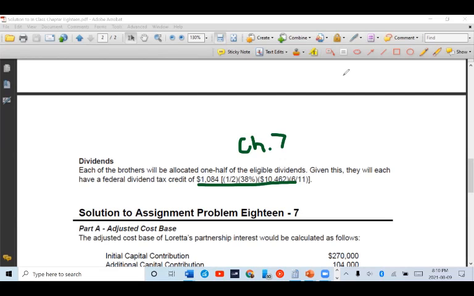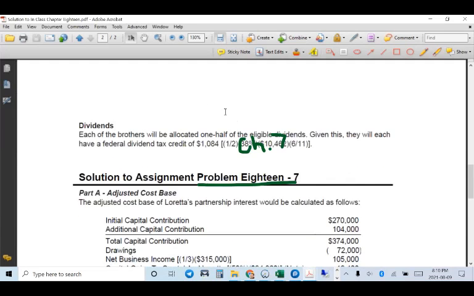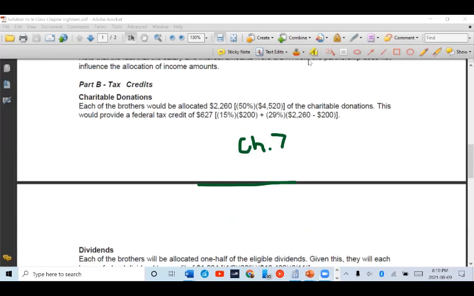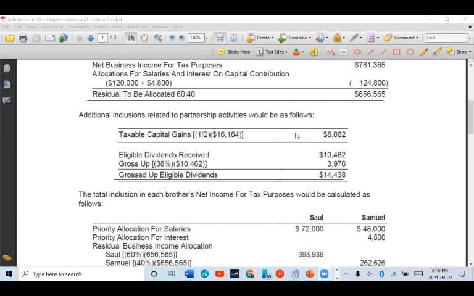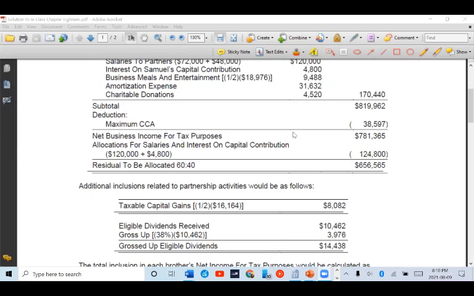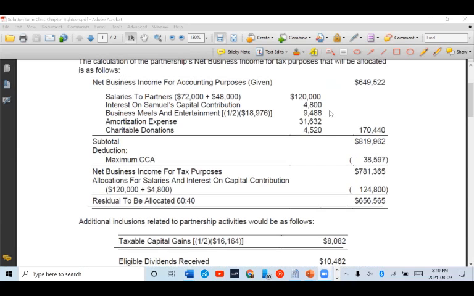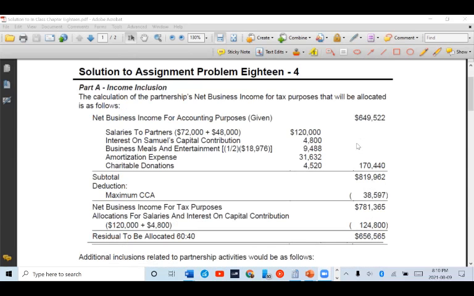So the job here is to figure out how much income and how much tax credit are going to flow to each of the partners. And that's how you go, all based on keeping those characteristics and following the rules of the partnership agreement.